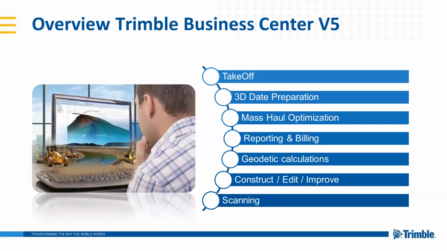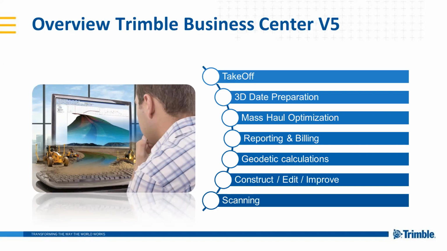So with Business Center version 5, of course, we've merged Business Center HCE and the Business Center version of Geospatial into one new product. With the new version, we can have the whole portfolio of features like takeoff for estimating, bidding, 3D data preparation, mass haul optimization, everything around reporting and billing.